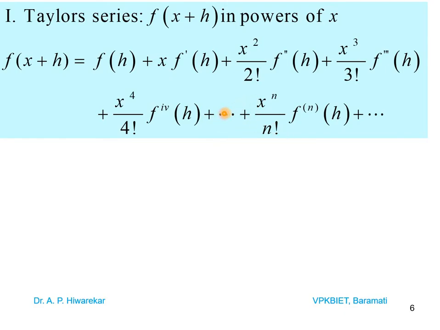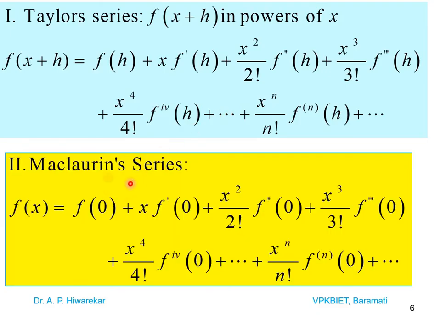Then a particular case of this series is where we substitute h as 0. In this series we put h as 0, so you get this, and that is called Maclaurin series. That's why we say Maclaurin series is a particular case where we put h as 0.